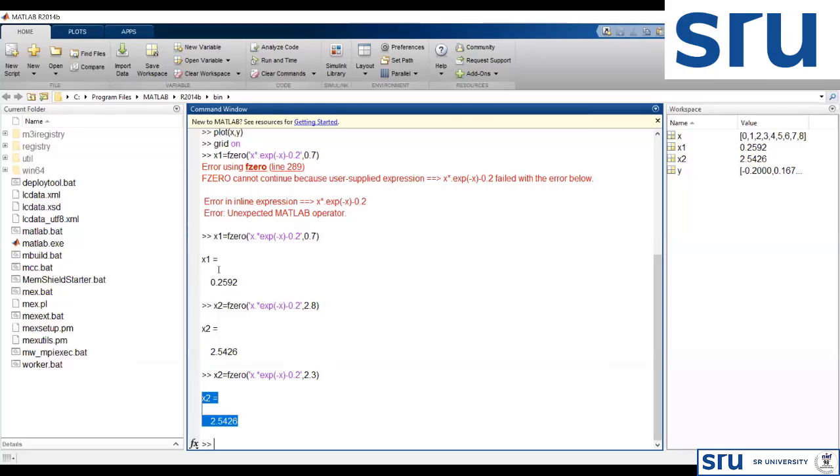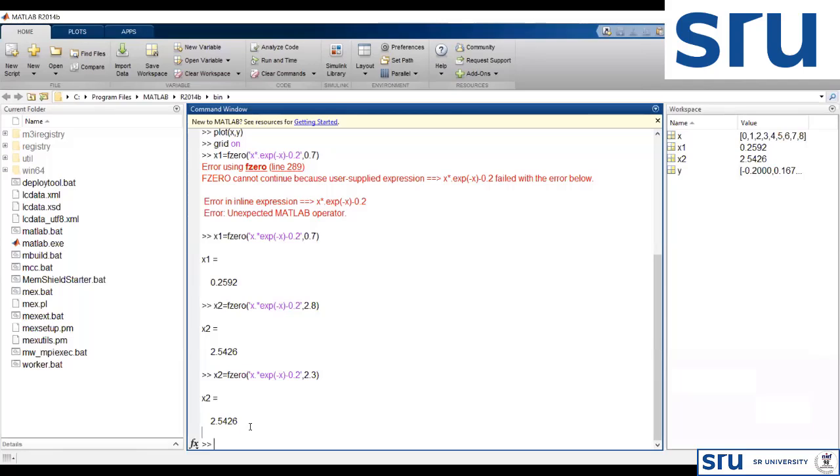Otherwise, if you take a value near this one, the first root will be given. Suppose you take 0.79 or 0.9, this root only it will give, not that value. Only the nearby root it will give. Understood? So this way you can find the root of the equation.